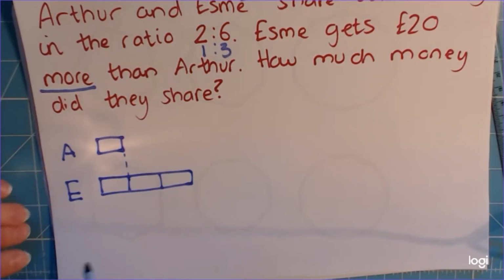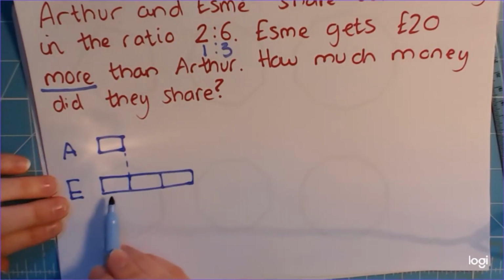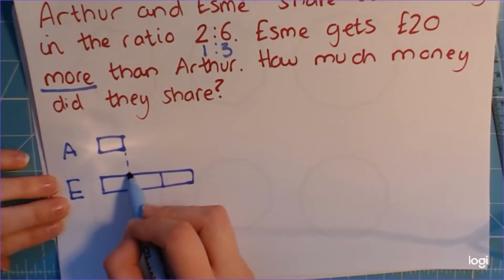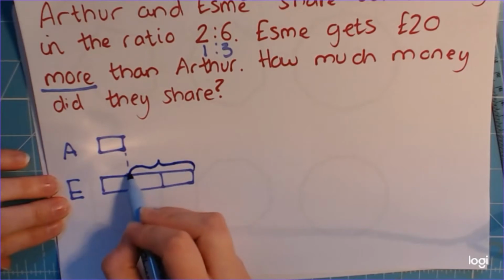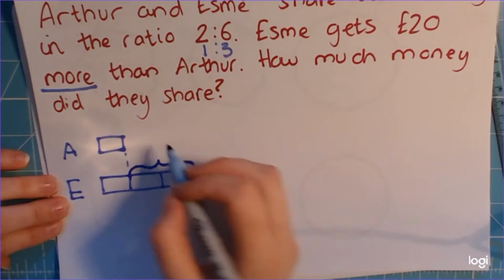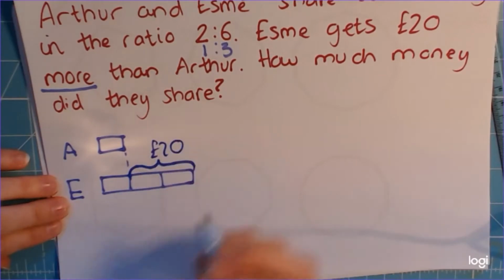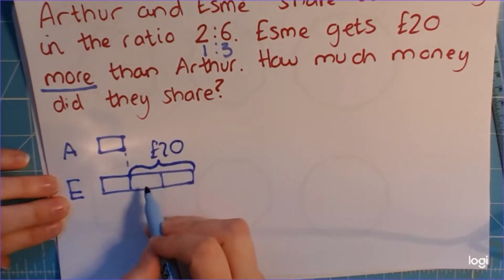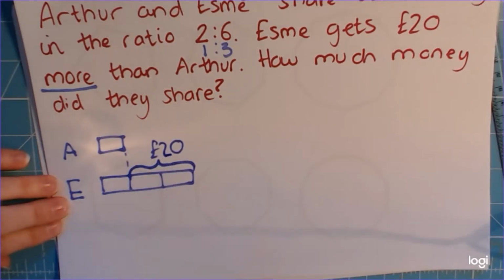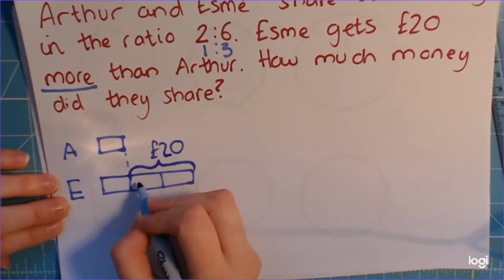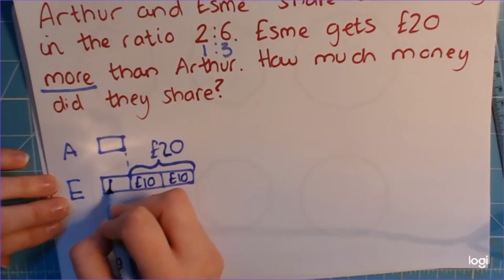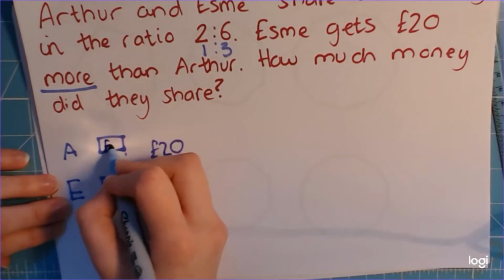Because if we know Esme gets £20 more, then looking at Esme's bar, the more part is here, the bit that sticks over. This is how much she's getting more than Arthur, so we know that must be £20. There are two equal-sized boxes there and they're £20 altogether, so there must be £10 in each of those boxes, which means there's £10 in each of these as well.